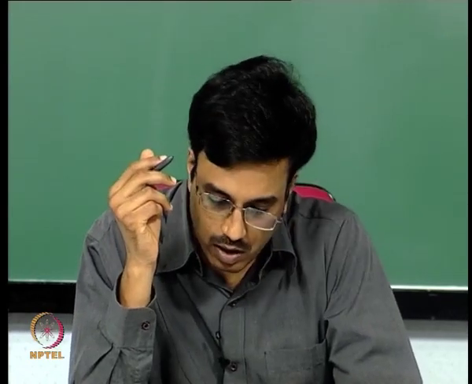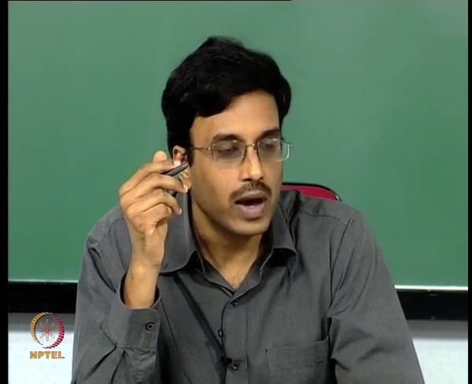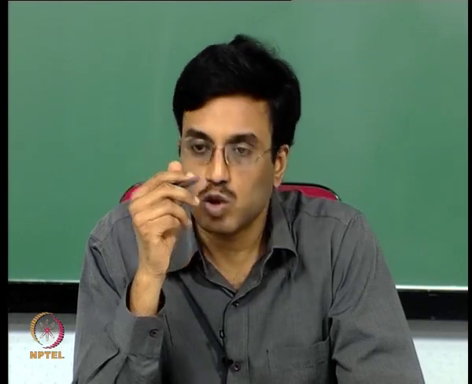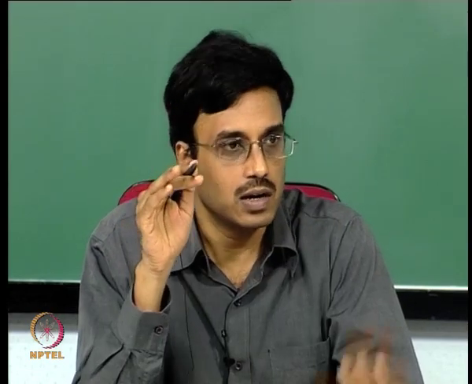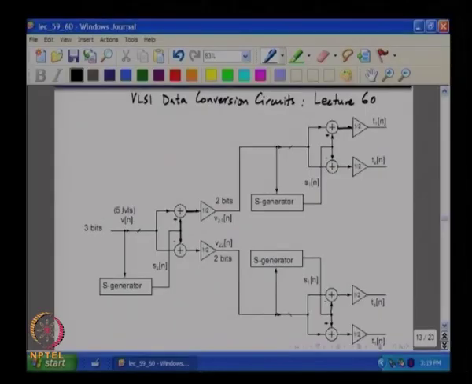In the last class we were looking at a prototype DAC where the noise due to mismatch is shaped outside the signal band. The basic idea is to divide and conquer.